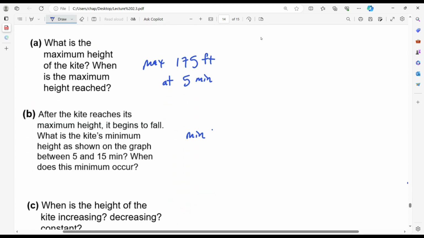The minimum is approximately 125 feet at about 10 minutes into the flight of this kite.